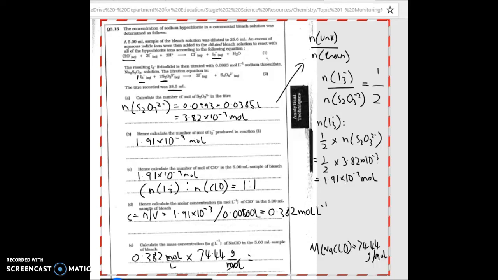Get rid of the moles and we're left with grams per litre. So that equals 28.4 grams per litre. Okay, there you have it. That's an example of indirect titrations.